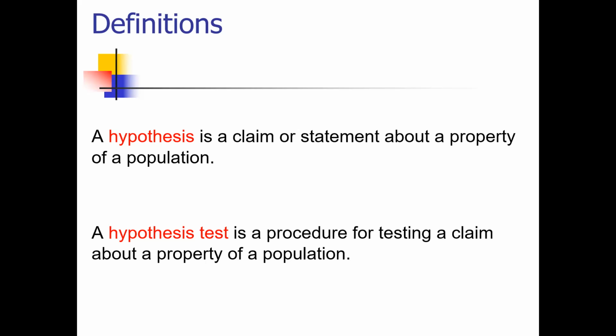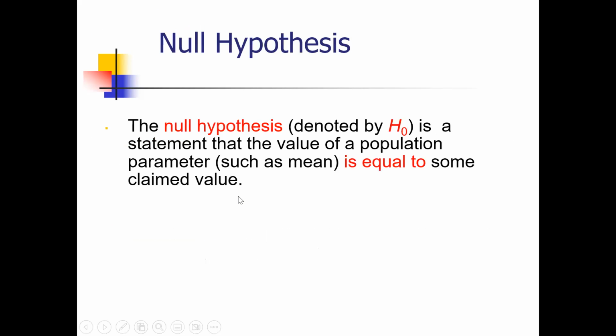But if I say it's 5.2 or 5.3 or 5.4, you will be in doubt as to where to fall, and it will be difficult to disprove. So what we're trying to do is to develop a mathematical procedure to say, okay, this is too far from what it should have been if it is true. So that is the hypothesis test.